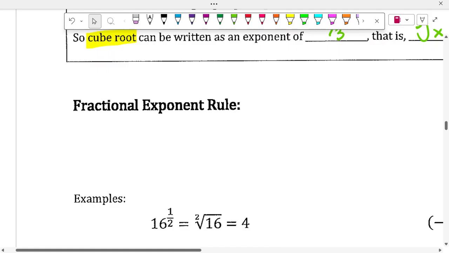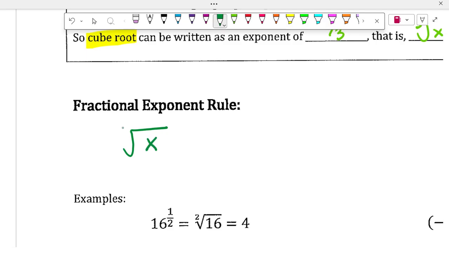And how it works is, if you have the nth root of x, that means that the root can be a cube root, a square root, a 6th root, a 100th root, whatever. As a fractional exponent, it's equal to x to the 1/n. So whatever type of root you have goes in the denominator, and then you just put a 1 over it.